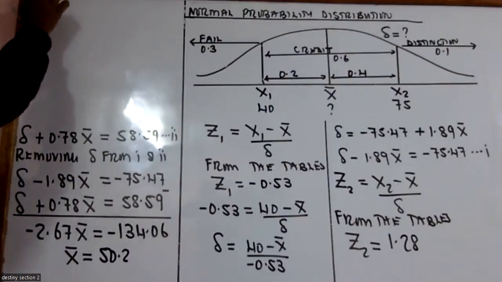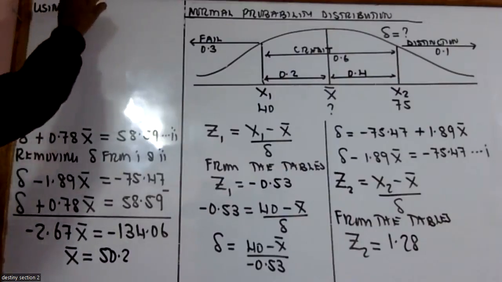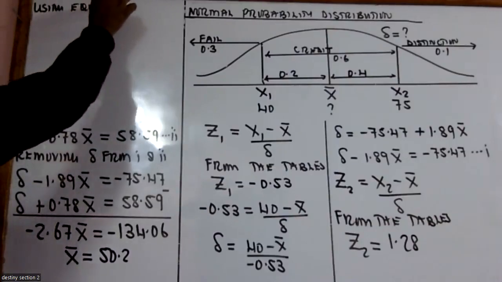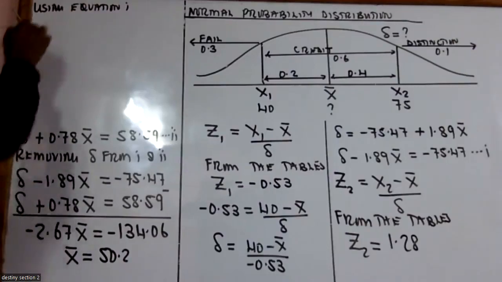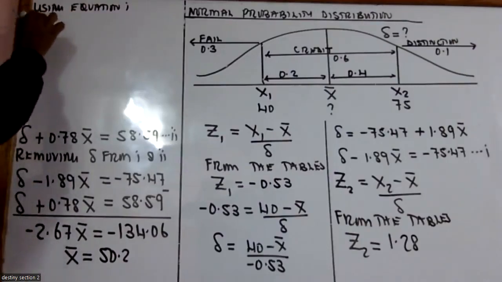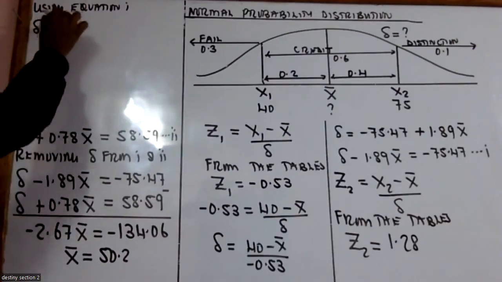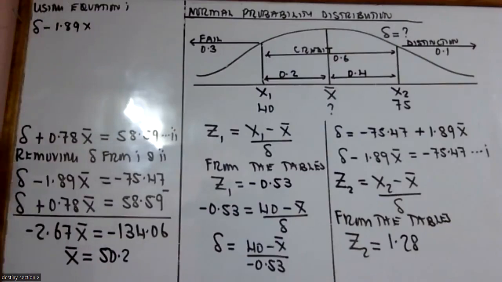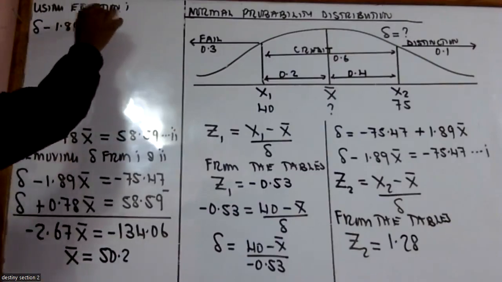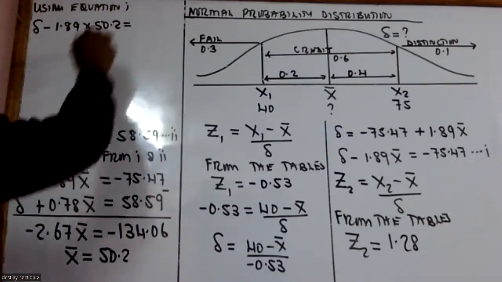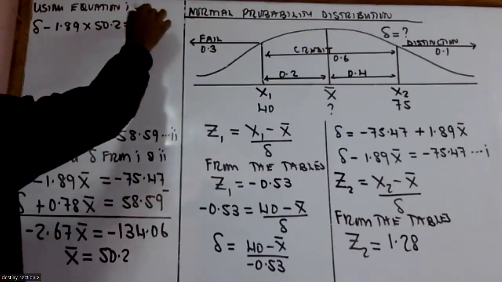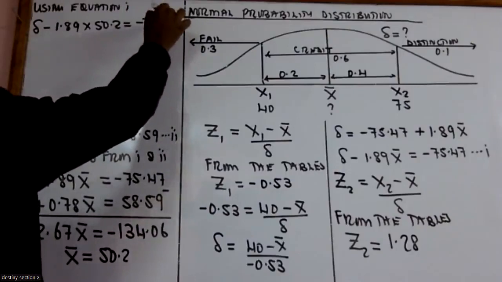So using equation 1, we'll be able to say standard deviation minus the 1.89 times 50.2 is equal to negative 75.47.